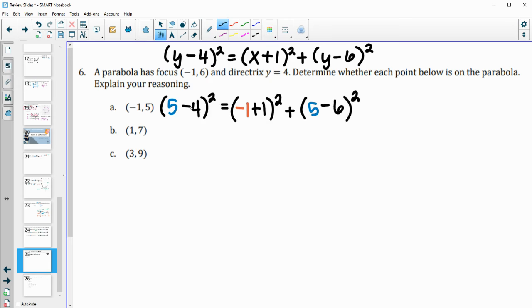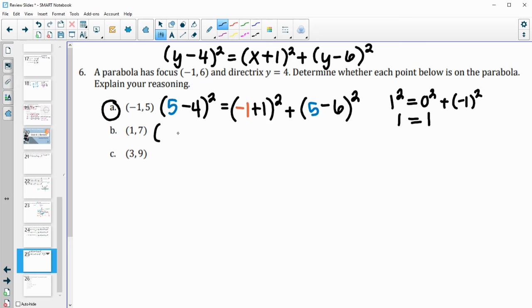So 5 minus 4 is 1. So we've got 1 squared, and that should equal -1 plus 1 is 0. So 0 squared. And 5 minus 6 is -1 squared. So this says 1 equals 1. So this one is good.